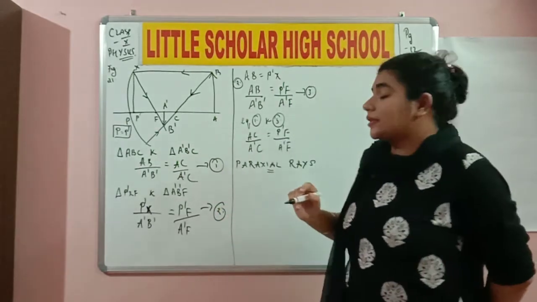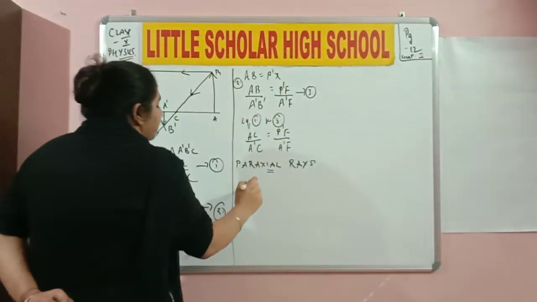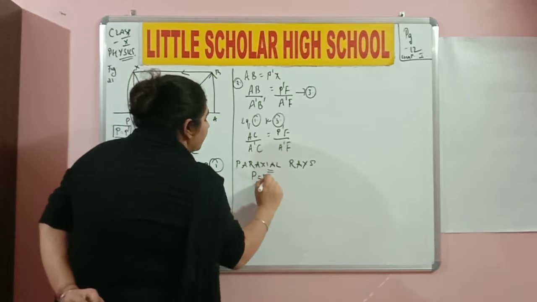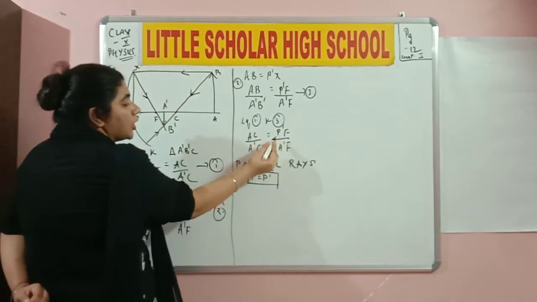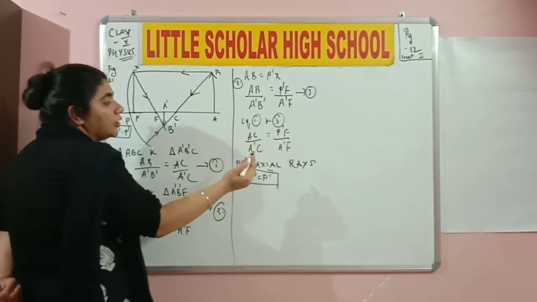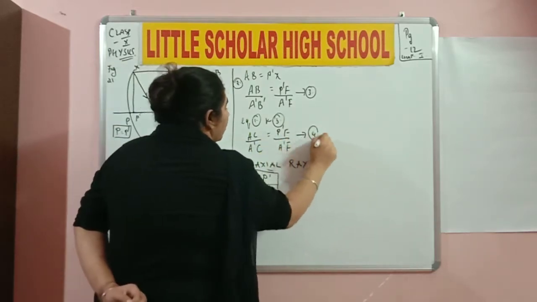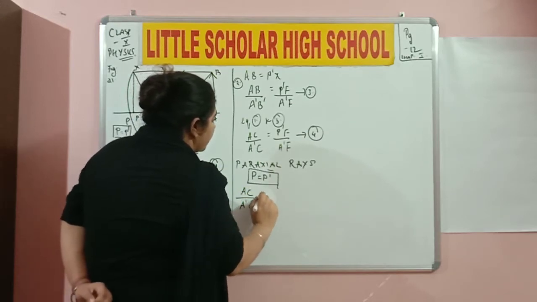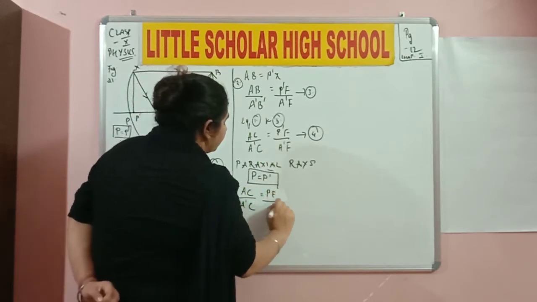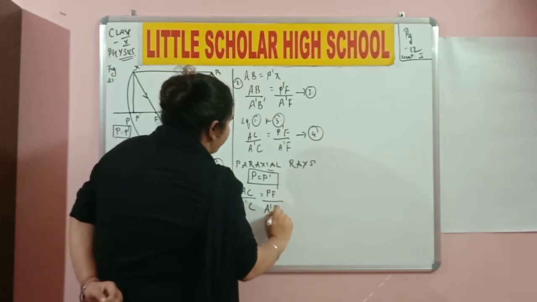So what is our next approximation over here? That P is equal to P dash. If P is equal to P dash, what is the change in this particular equation 4 over here? It is AC by A dash C is equal to PF by A dash F.